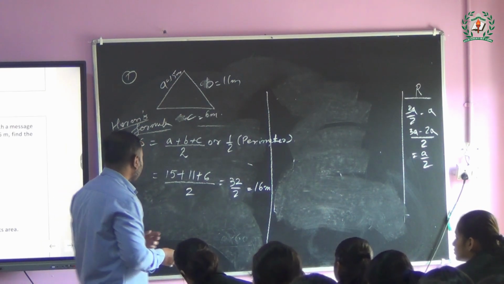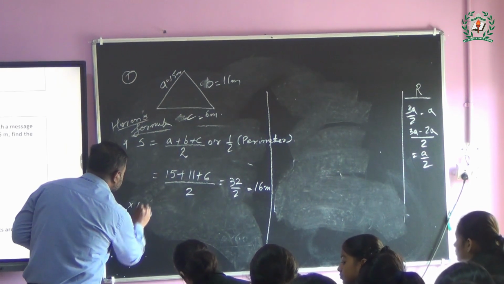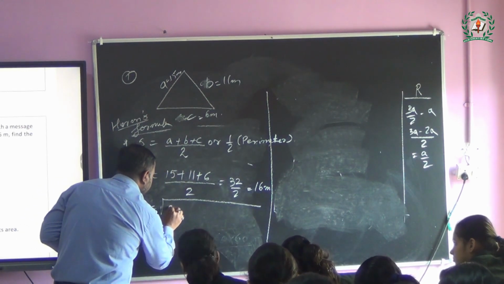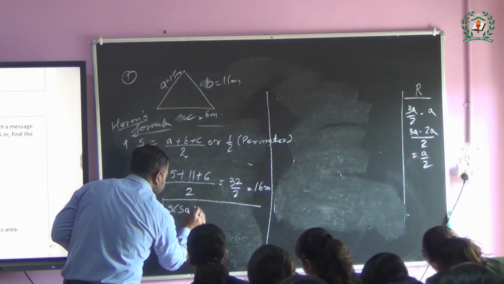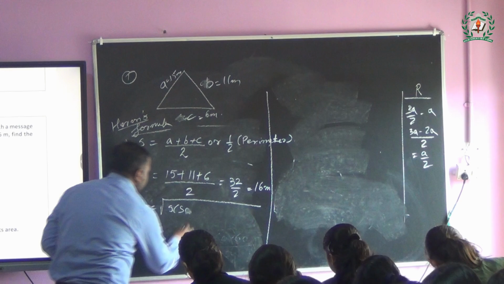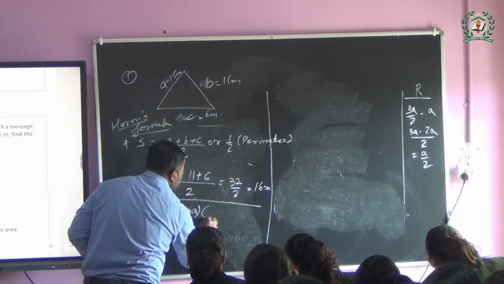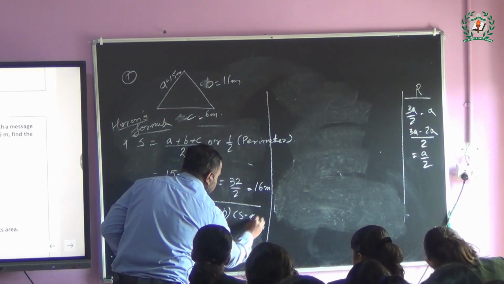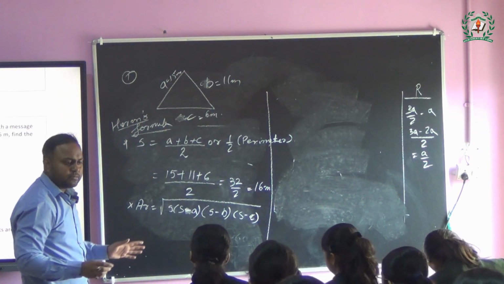Okay, class. So now we are going to see the area. A equals under root S minus A, S minus B, S minus C. No doubt here.